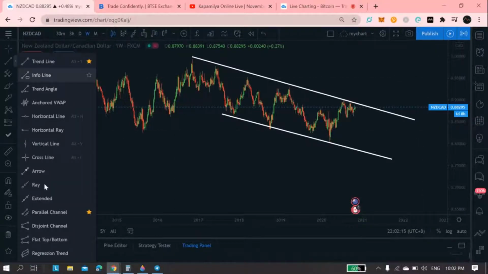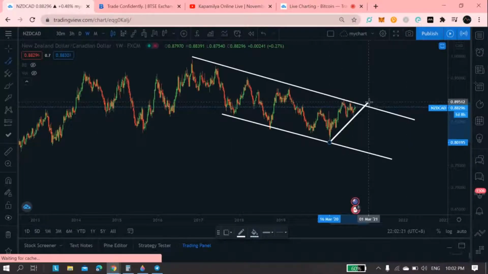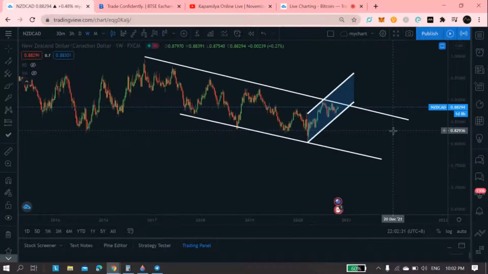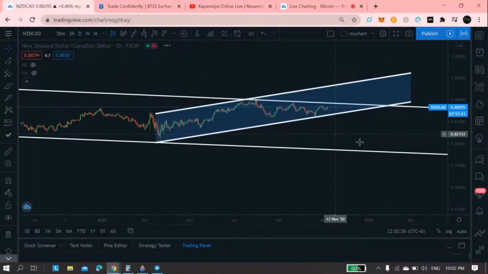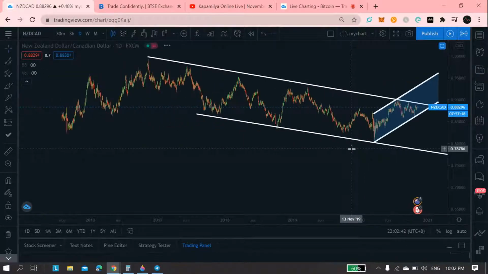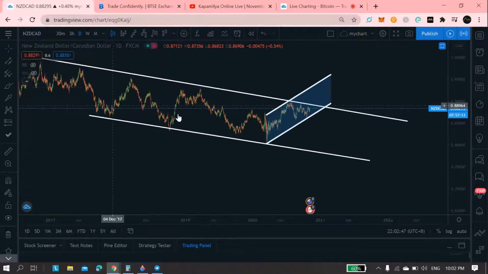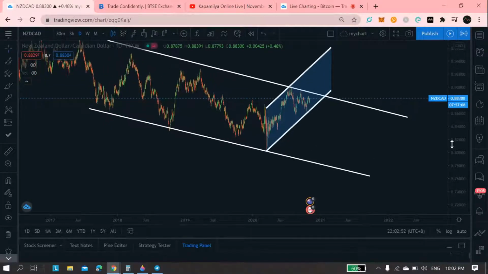Maybe we can use this one here. Oh, this is weekly, so let's go to the daily chart. From the long-term downtrend, it's now possibly retesting the resistance area.